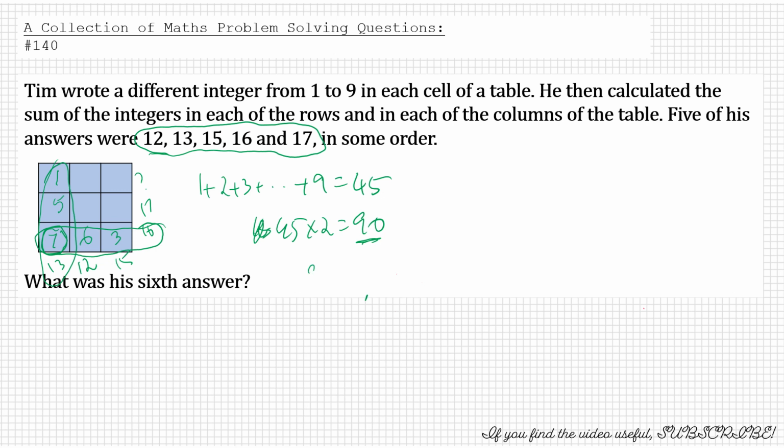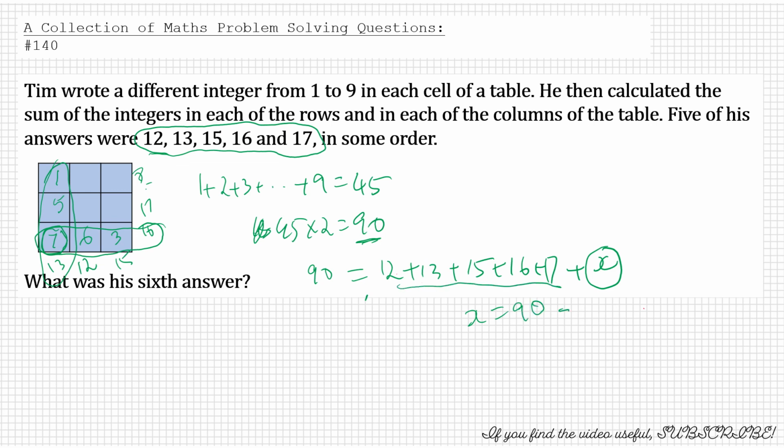So we can write 90 equals 12 plus 13 plus 15 plus 16 plus 17 plus x. X is what you don't know, the question mark, the total that we want to find out. So we can say that x equals 90 minus this total, which would be 73, and that would be 17. X equals 17.